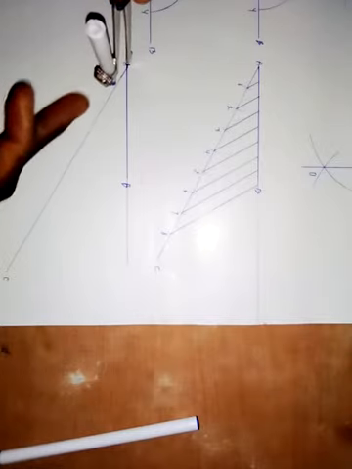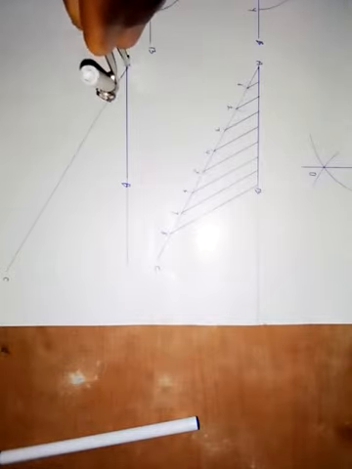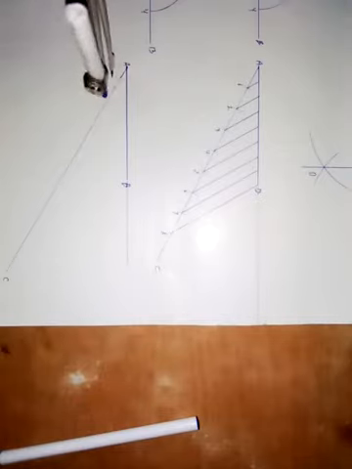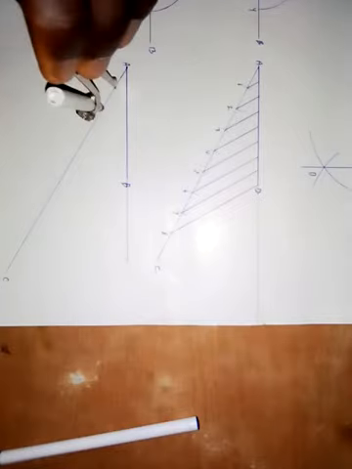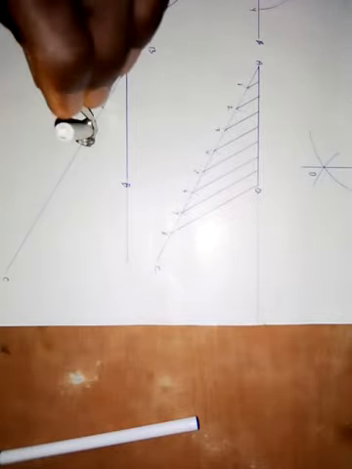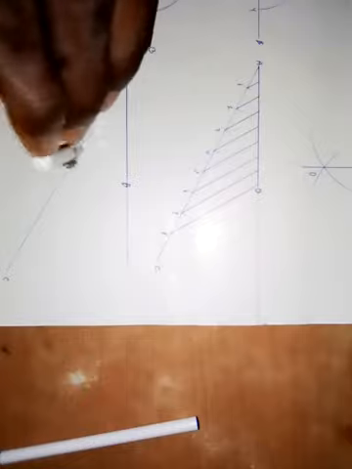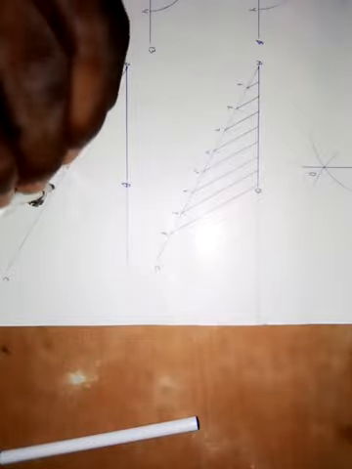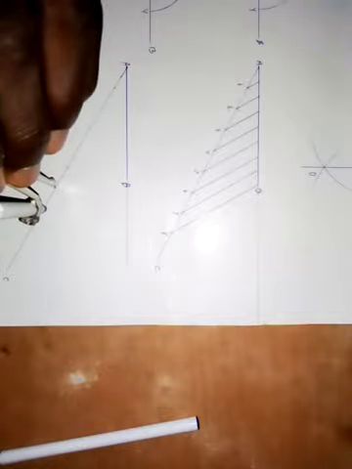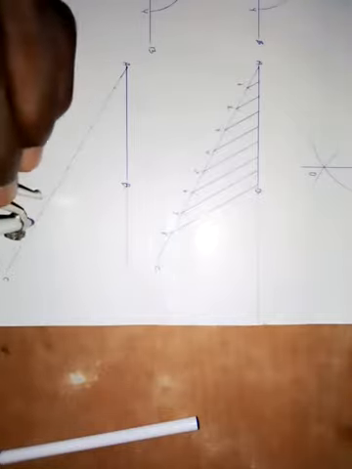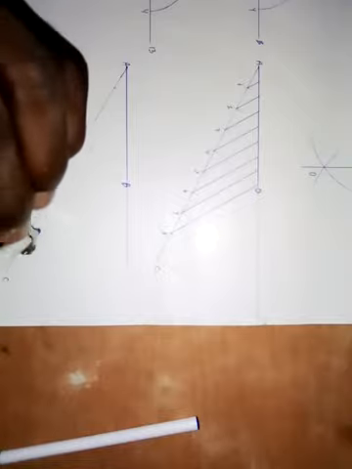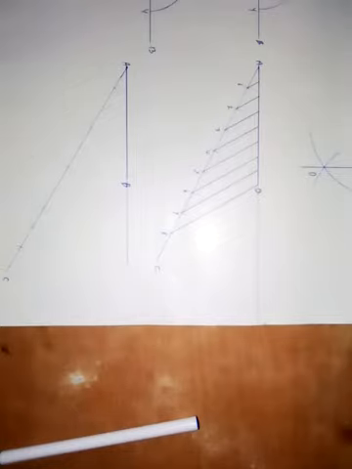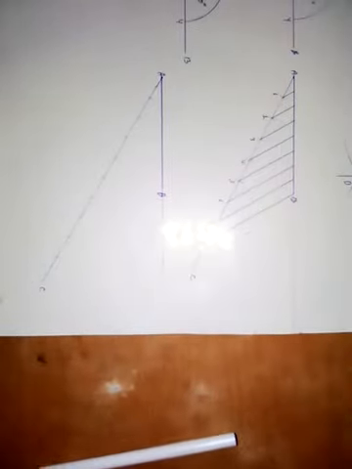So this is 1, next I have 2, this is 3, this is 4, 5, 6, 7, 8, and 9, the last one. So we have 9 arcs on this line.